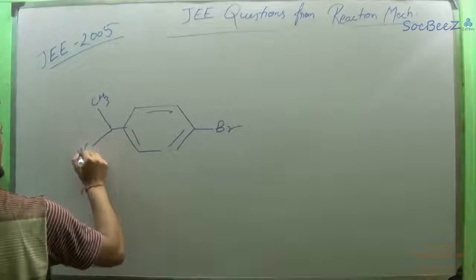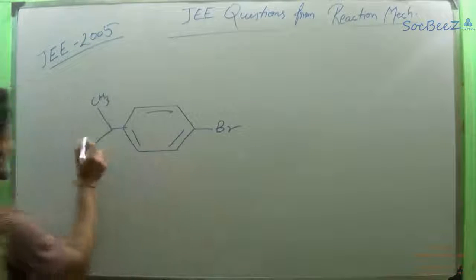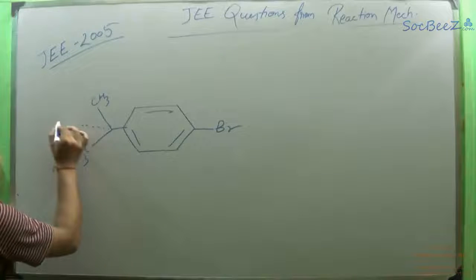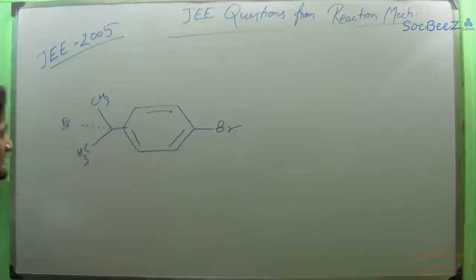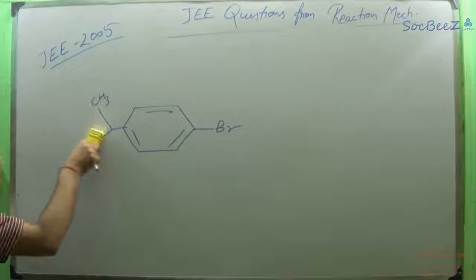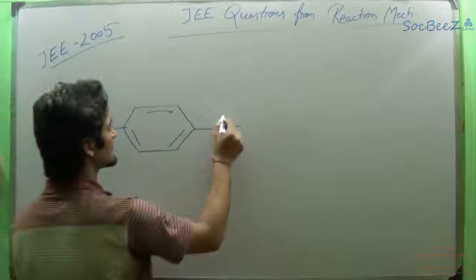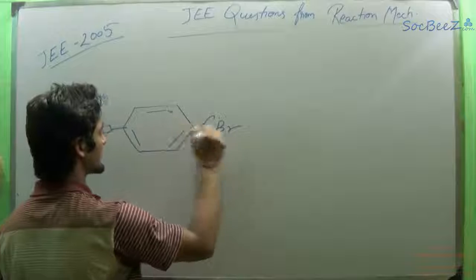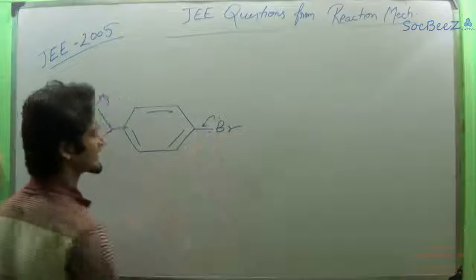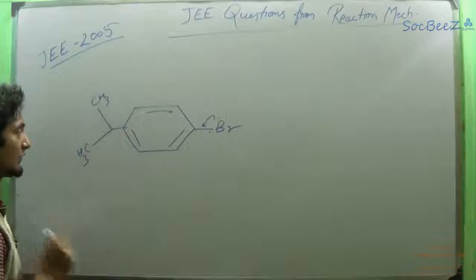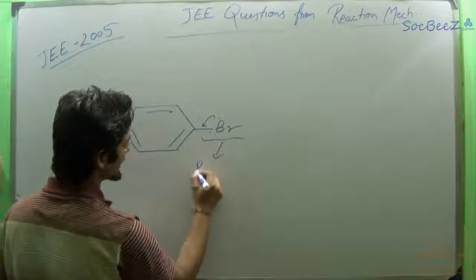Now you can see the only change this time is, in the last example the Br group was attached to this carbon, but in this case the Br group is attached directly to the benzene ring. And as I told you in the earlier example, if the bromine is attached to this benzene ring directly, then there is an electron donation, and this is a partial double bond in that case, which is very much tough to break, so making it a poor leaving group.